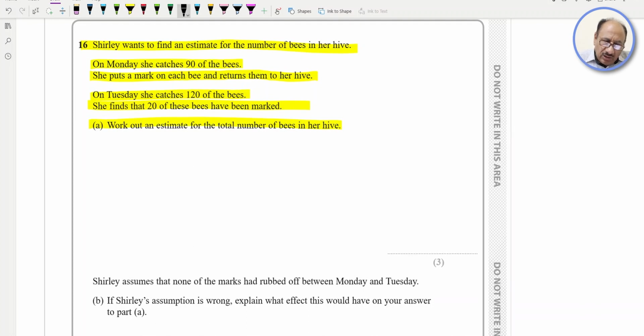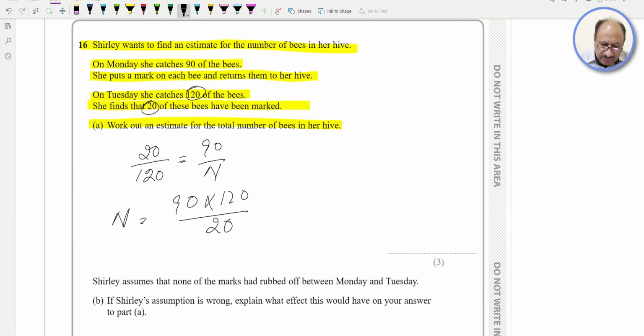So 20 out of 120 are marked. So we can write 20 out of 120. And if it is 90, this will be 90 over n we can find, and n will be equal to, by cross multiplication, 90 into 120 divided by 20, and this cancellation we can cancel. 2 6s are 12, and this will be 0. 6 multiplied by 90 will be 0, and 6 into 9 will be 54, so 540.